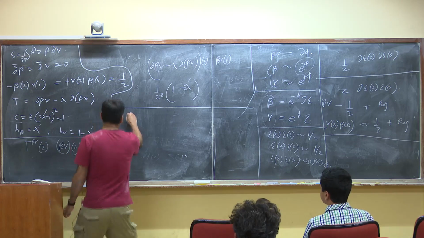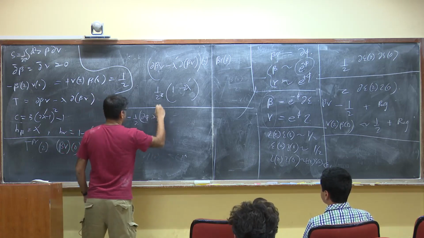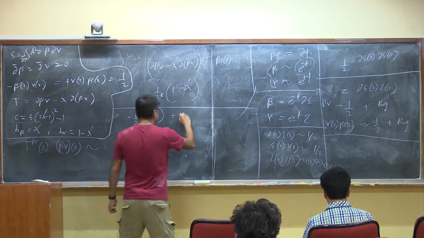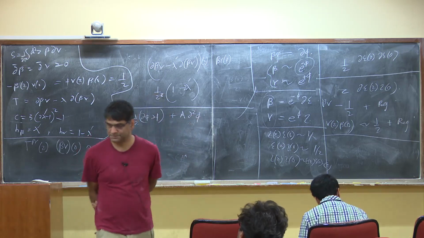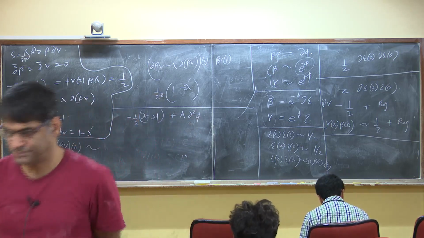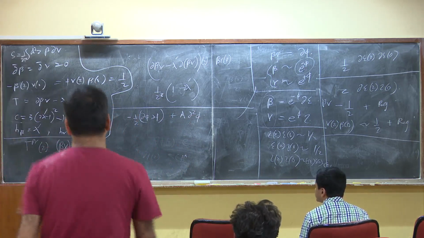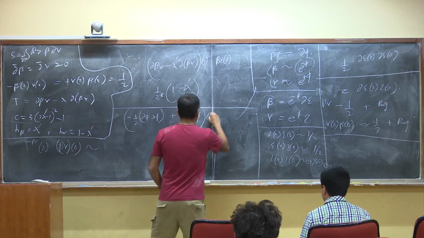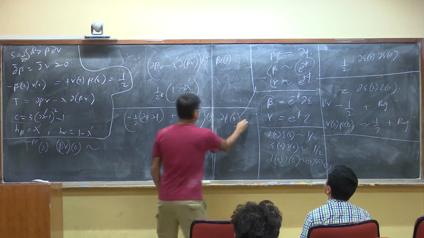So our stress tensor was minus half del phi del phi, and then possibly a linear dilaton piece. So plus something we don't know, a times del squared phi. And beta gamma at z, and then beta gamma was del phi at 0.